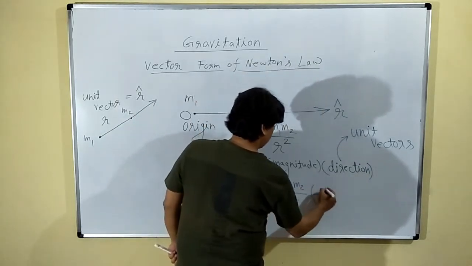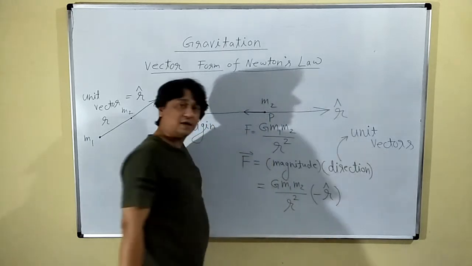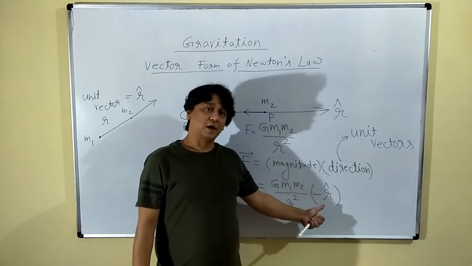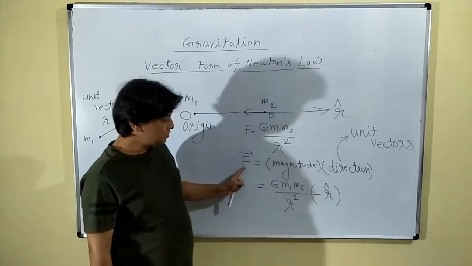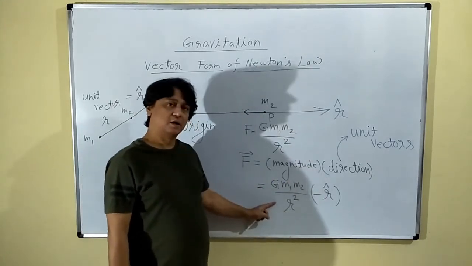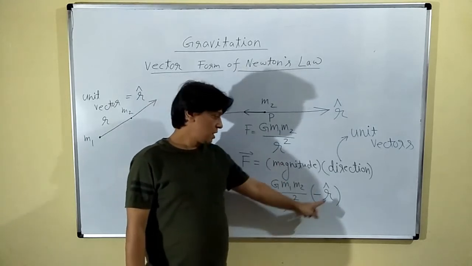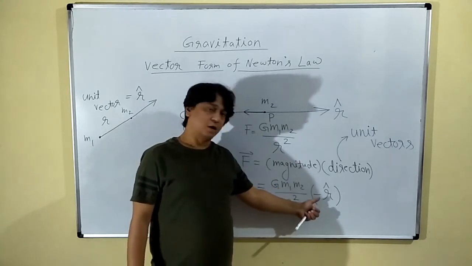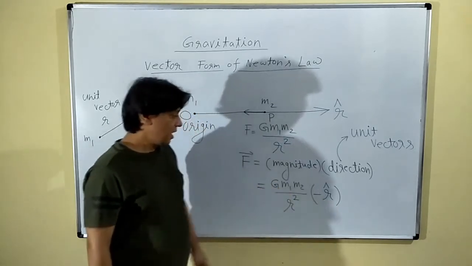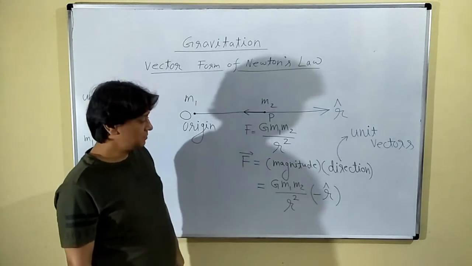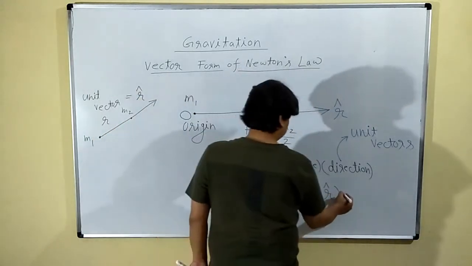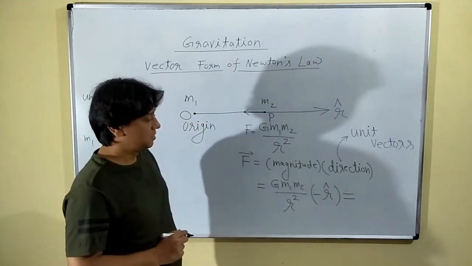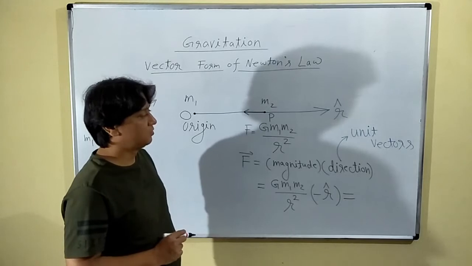And therefore we can write it as minus of R cap. क्या बता रहा है ये सिस्टम? फोर्स का मैग्नीट्यूड इतना है और फोर्स का डायरेक्शन R cap वेक्टर के डायरेक्शन के ऑपोजिट है. अब ये जो फॉर्मेट निकल कर आया, इस फॉर्मेट को हम किस तरह से और प्रेजेंट कर सकते हैं वो चीज देखना.